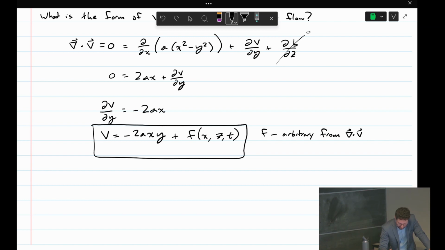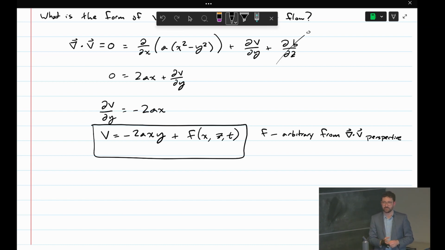From the perspective of the continuity equation. Meaning that whatever f is, f could be some crazy complicated function. As long as it's not some complicated function of y, this will still satisfy the continuity equation, and therefore mass will be conserved in this flow field.